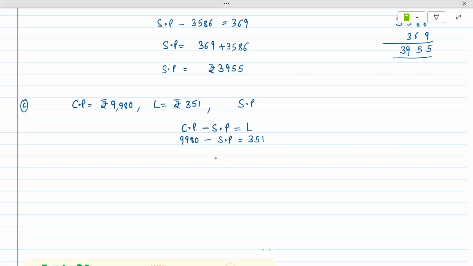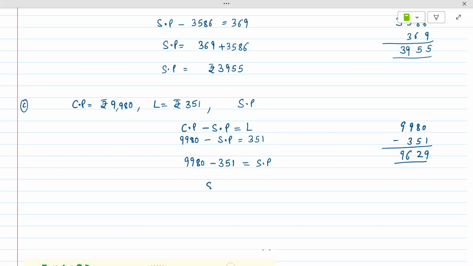Move 351 to the left hand side, so it will become minus 351 because the sign will change, and move this minus SP to the RHS. RHS is the right hand side of the equal sign. Now if we subtract 9980 minus 351, it will be 9, 2, 6 and 9.